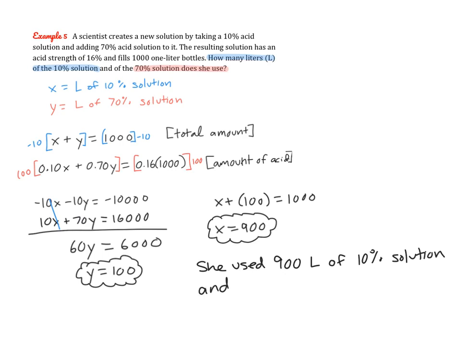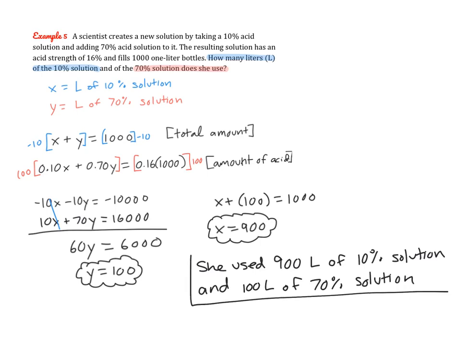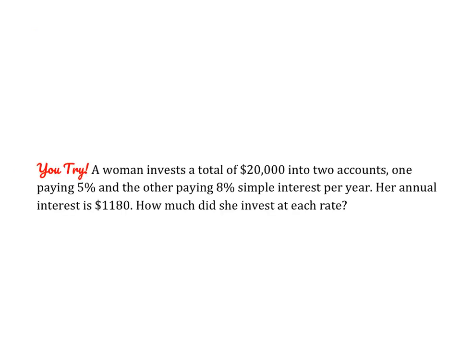The next thing they asked was how much 70% solution does she use, which is represented by y. So 100 liters of 70% solution. And there you have it.